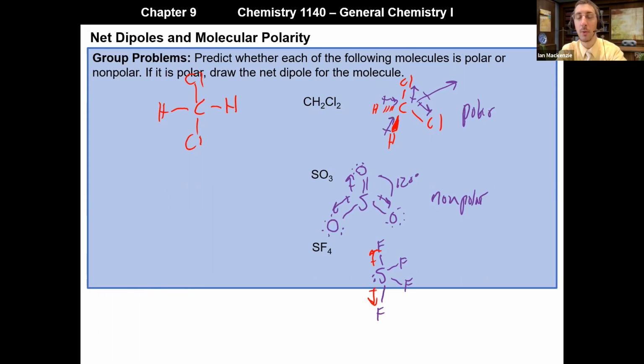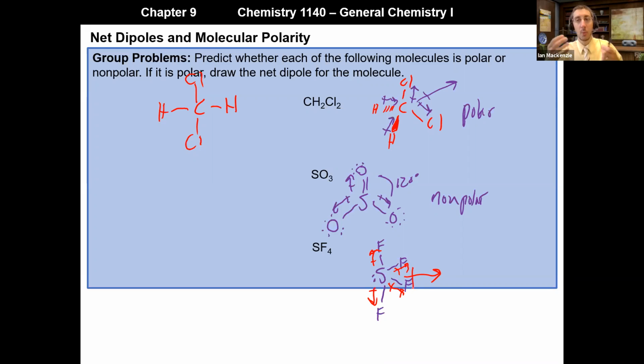So these two in the vertical plane are going to cancel each other out entirely. However, these two in the horizontal plane will not cancel each other out. They have horizontal components. One's pointing one way, one's pointing the other. The net dipole is going to be in between, and so my net dipole for this molecule is going to be pointed in that direction.